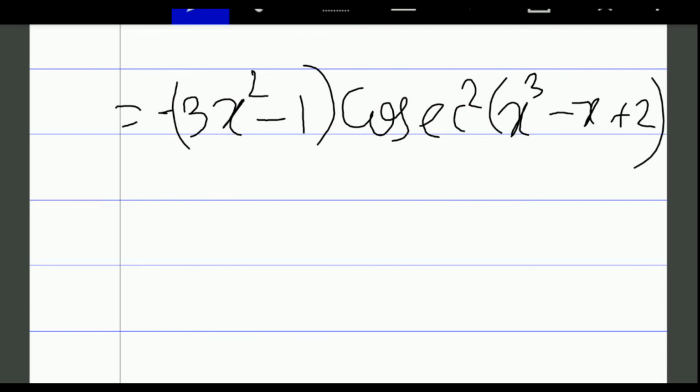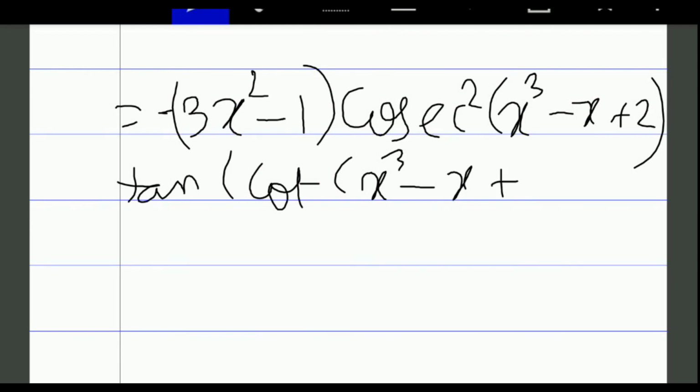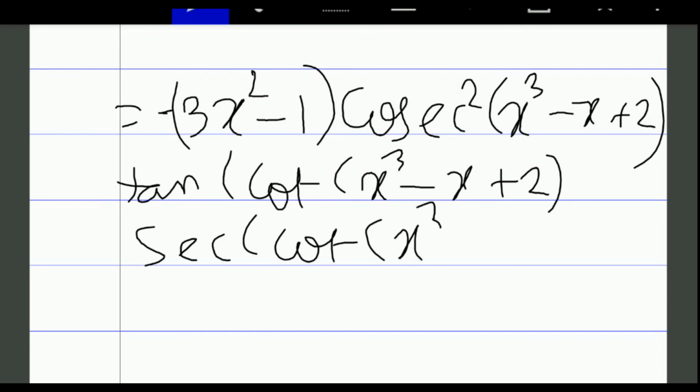Then we have to multiply with tan of cot of x cube minus x plus 2, then sec of cot of x cube minus x plus 2. This is the final answer.